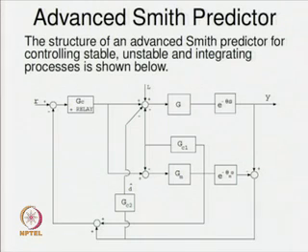The Gm e to the power minus theta m s, that is, the time delay theta m and the parameters of the delay free part of the transfer function model Gm, are obtained.